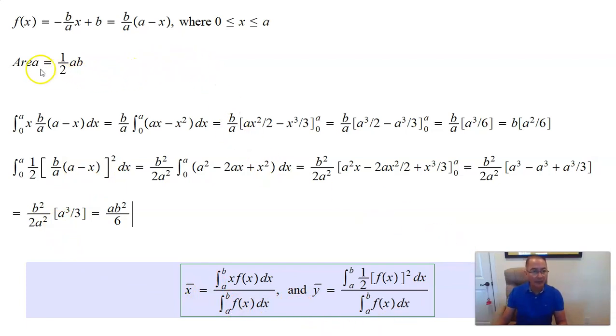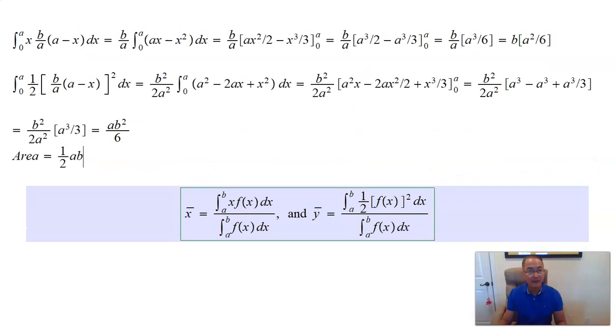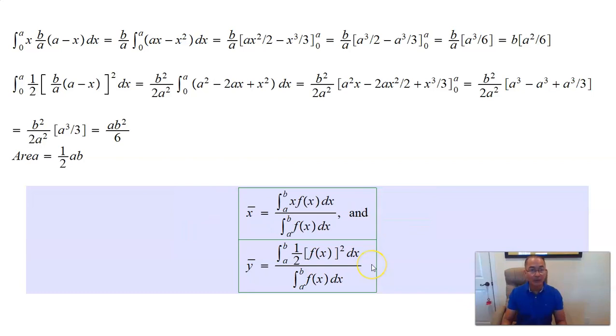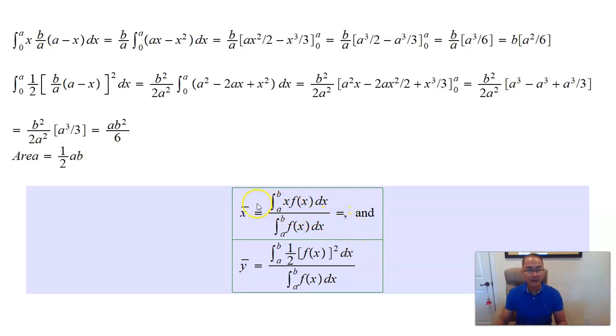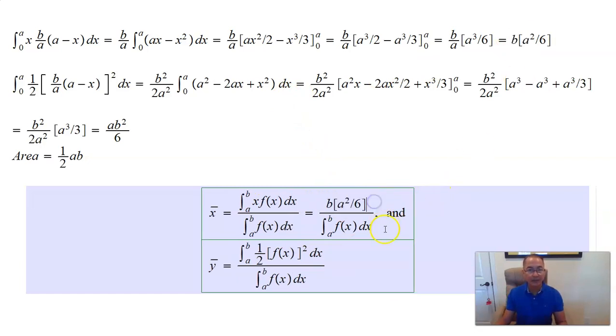Okay, so our area is this, so let me copy that down here because I will probably lose the top of the page there. Oh, what do you know? Okay, so let's put y bar down. Ooh, that looks nice. So we're gonna get in our numerator our first integral, which is this, b times a squared over 6. And the denominator is the area, 1/2 ab.